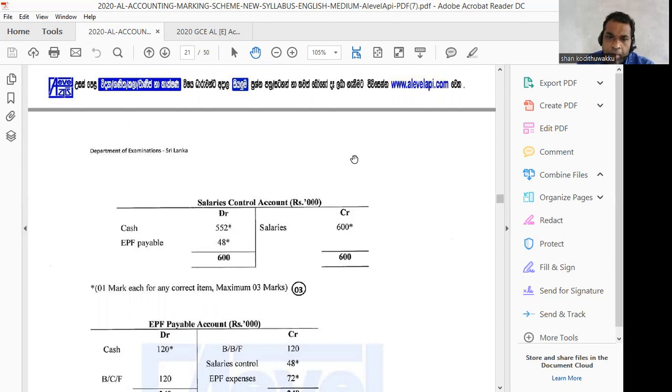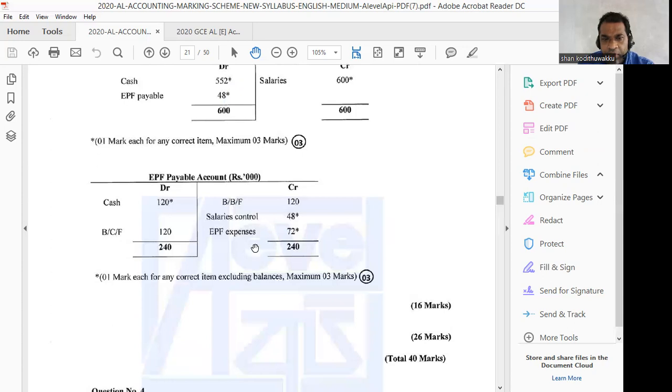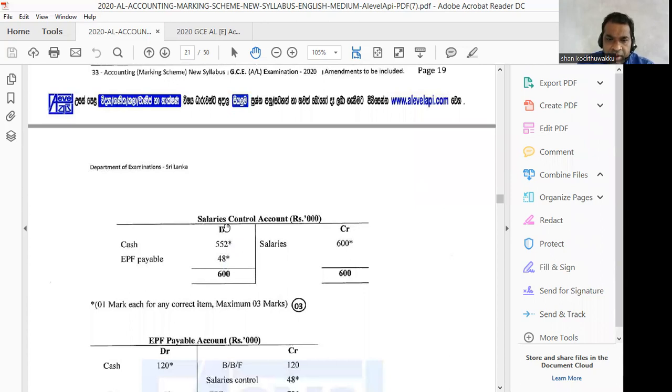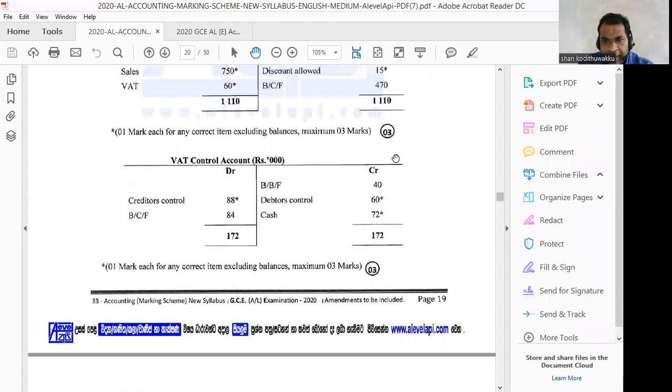Out of 600,000, they have deducted EPF. Therefore, what you deduct from gross salary, we debit to salaries control account. Right. Then you deducted 48,000 as EPF from employees. Then we debit to salaries control account and credit to EPF payable account 48,000. Then what they paid in cash, we debit to salaries control account, net salary, and credit to cash account.